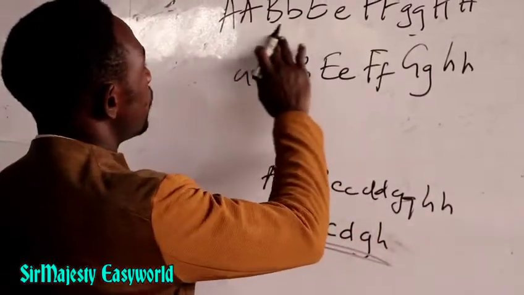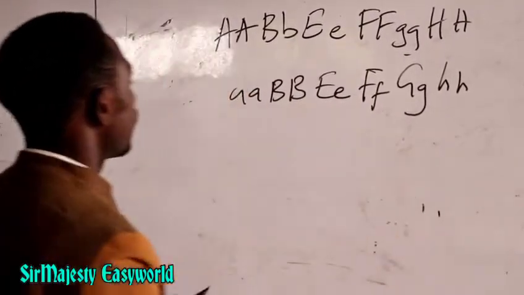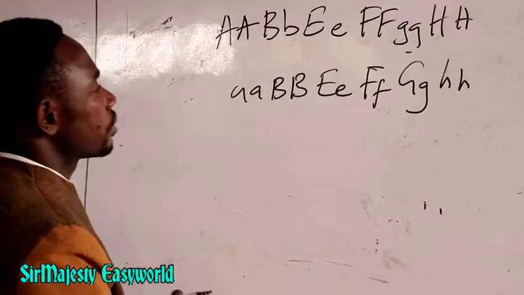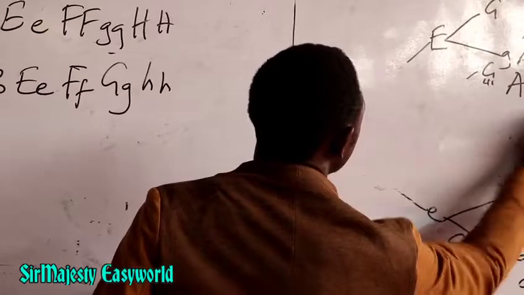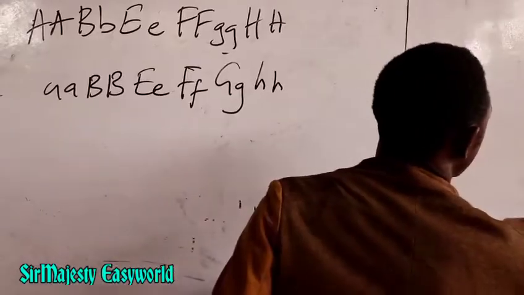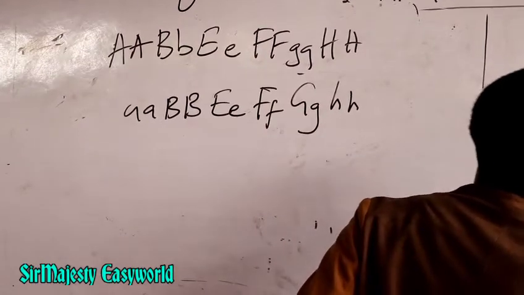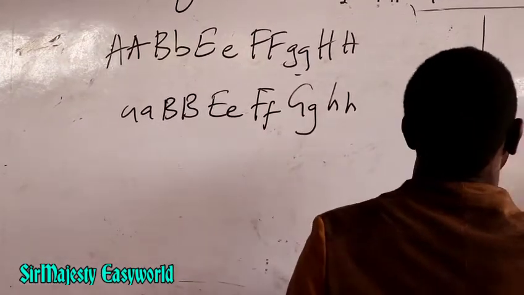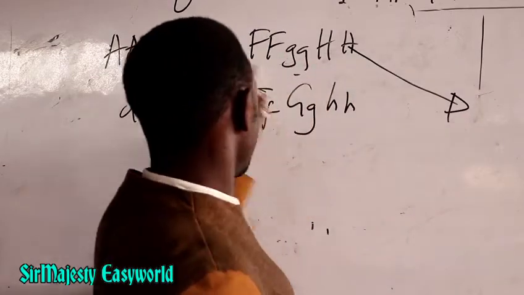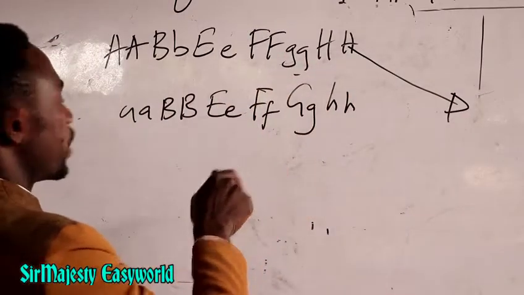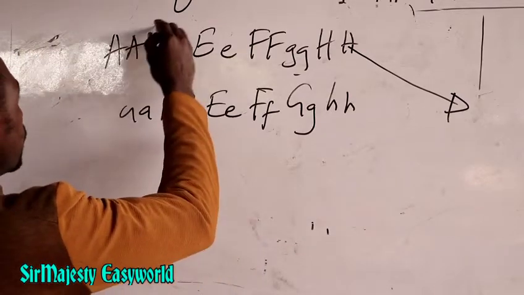But here we have both homozygous and heterozygous. So let's get the gametes of the first parent. Here, we first calculate the number of heterozygous allele. This one is homozygous, so you shouldn't count.